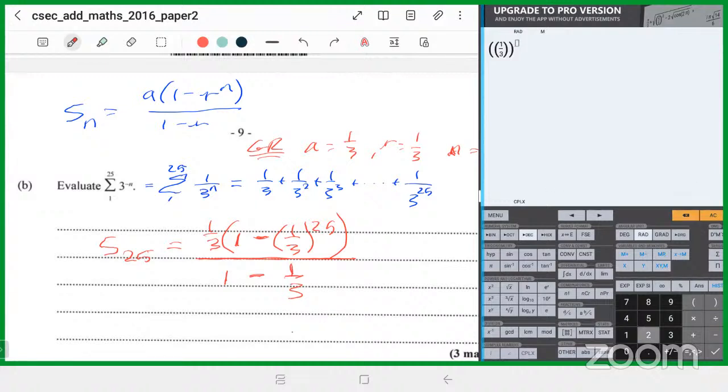I'll put in the other parts now. You're going to have 1 minus in front, this goes into a bracket, that goes into a bracket too, and you have a third multiplying it out the front.